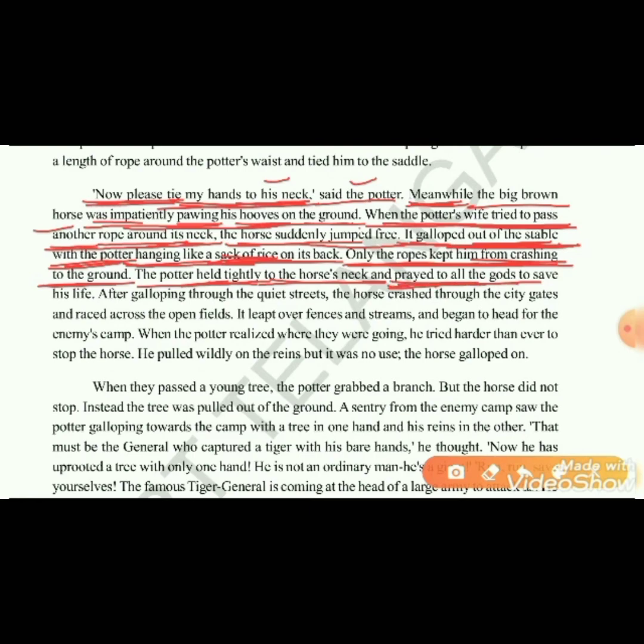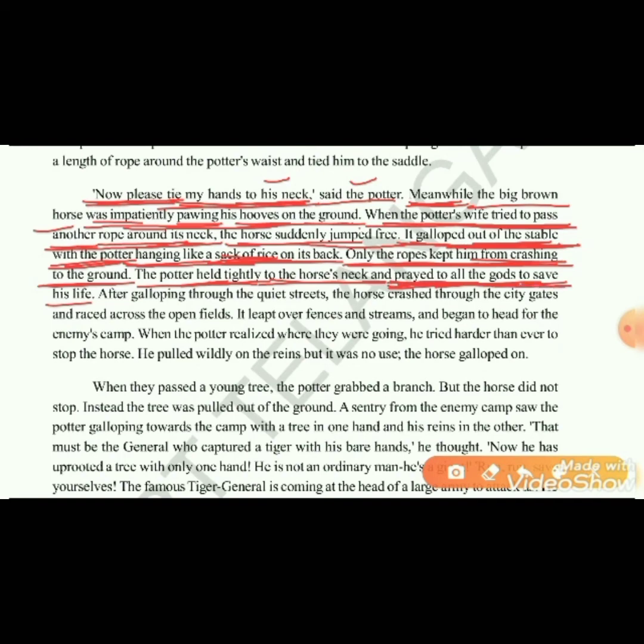He pulled wildly on the reins, but it was no use. The horse galloped on. As he was pulling the reins, the horse thought the rider was on its back signaling it to run faster, so it galloped on.